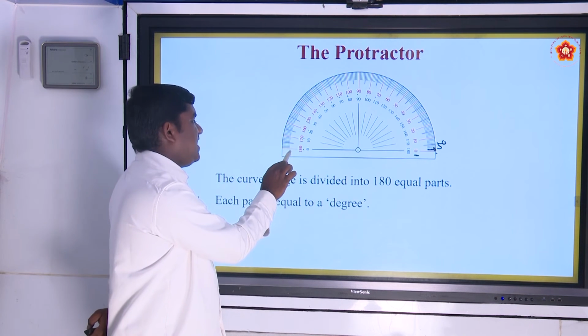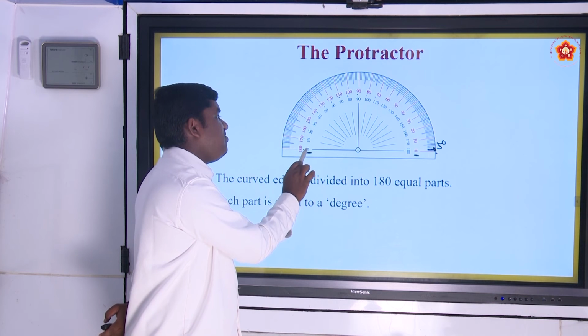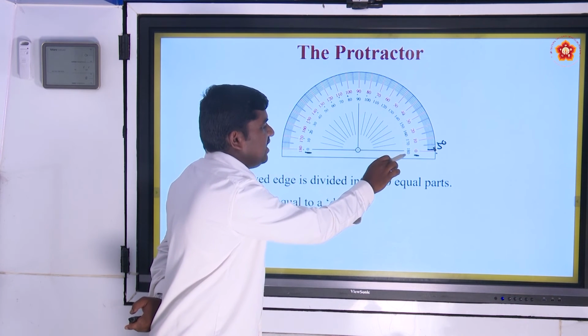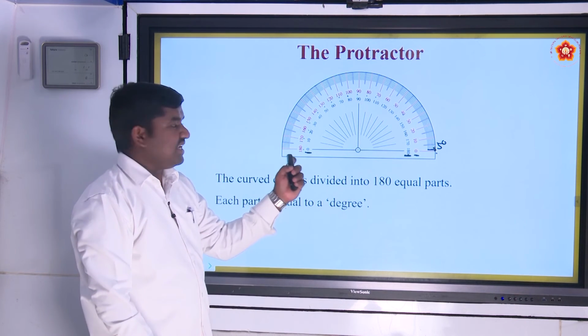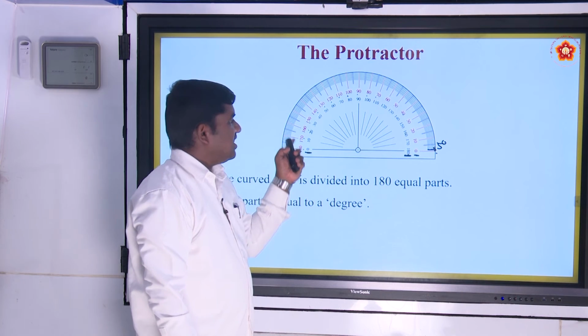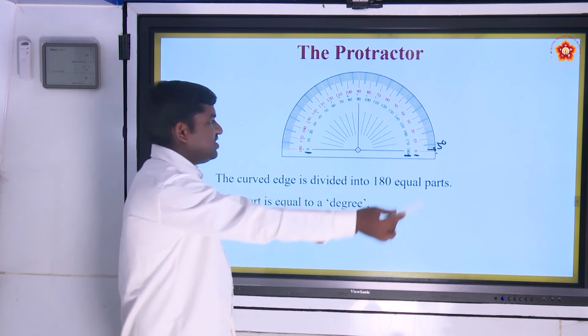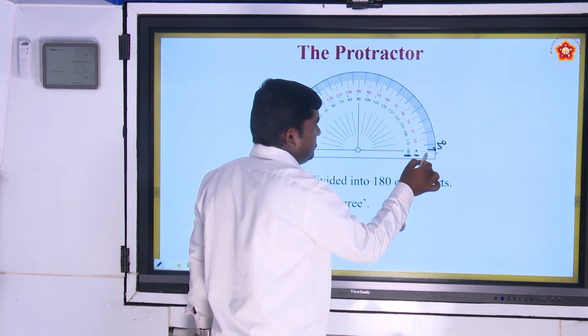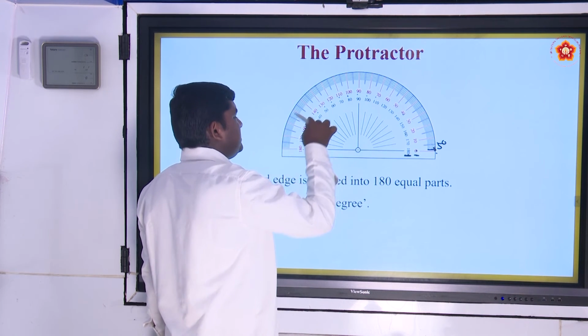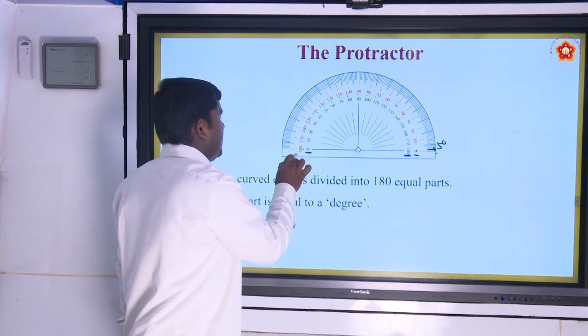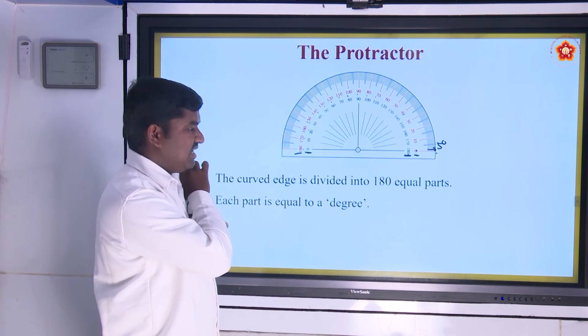See here, the readings are from 0 to 180 degree. 0 degree starts from the left side and ends at the right side at 180 degree, or 0 degree starts from the right side and ends at 180 degree on the left side.